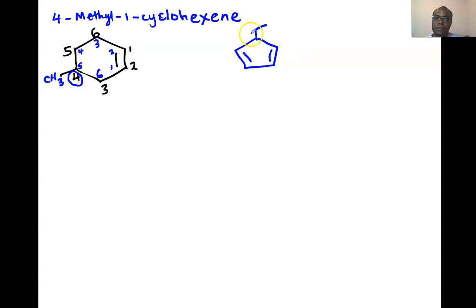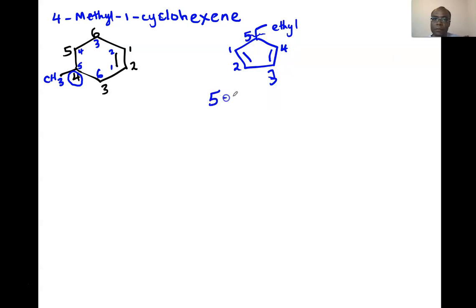Okay, so this time our substituent is an ethyl. Like I said, prioritize the double bond position, so you either start from here or here because the molecule is symmetrical. Let me start here. Go through the double bonds. You don't start here and go the other way around. You have to go through the double bond. You prioritize the double bonds. 1, 2, 3, 4, and 5.